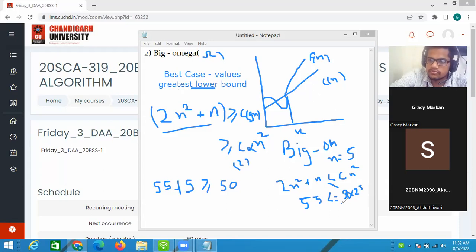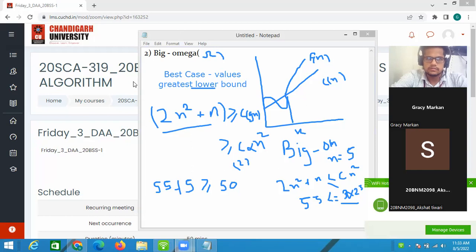So this is the maximum value. After that, Cn is going to be greater, and this is the point. After that, this condition becomes lower. Both are reverse. Yes, students, tell me if any doubt, any query, you can discuss.